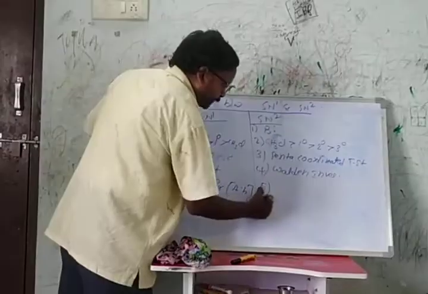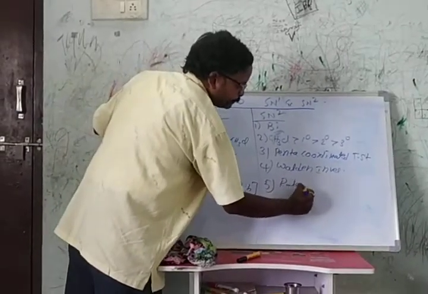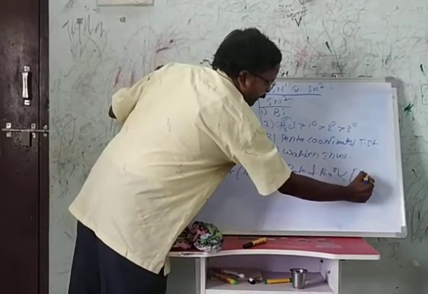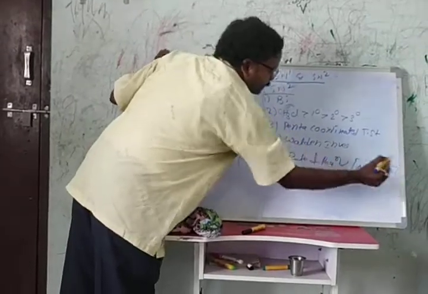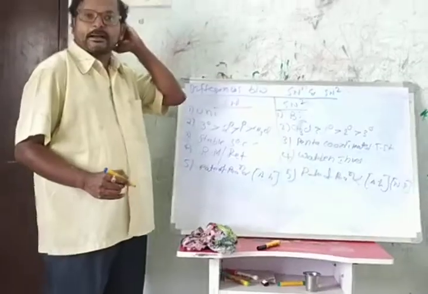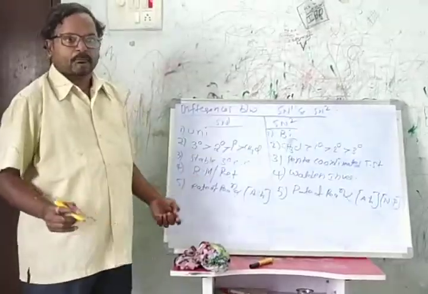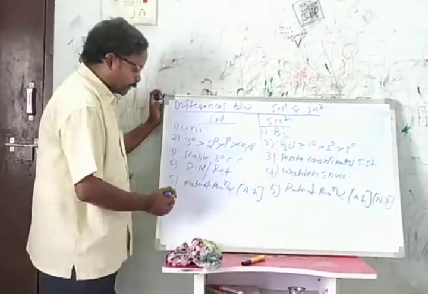For SN2, the rate depends on both the concentration of alkyl halide and nucleophile. Both are involved at a time and form the SN2 product.